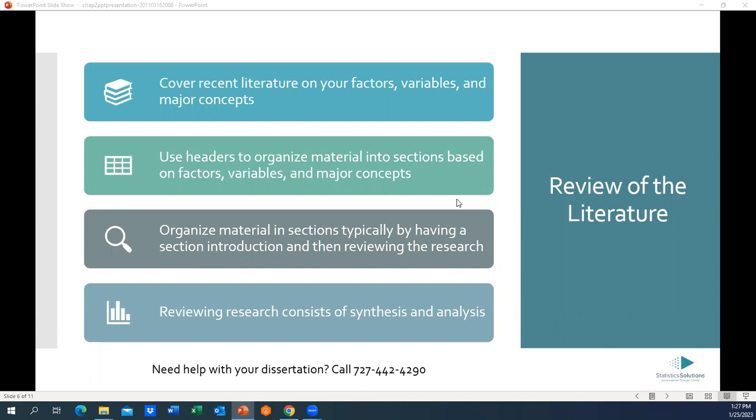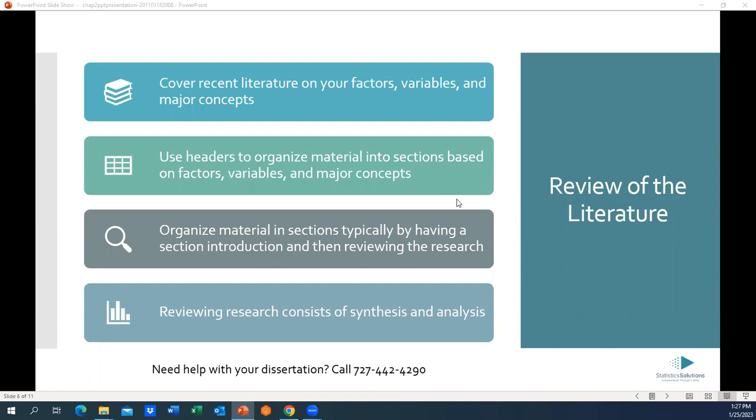Your major concepts will be subheaders, basically, right? And that's how you section the lit review portion of the literature review out, by headers that correspond to what you're studying. And you review the literature on those topics.